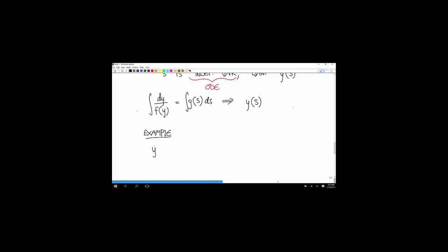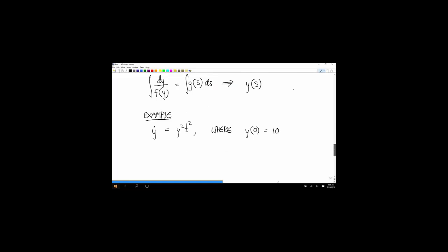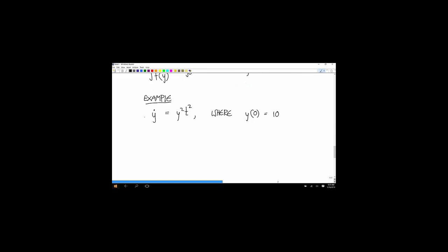So first, let's say y dot is equal to y squared times t squared, where y of 0 is equal to 10. Has anyone seen that dot notation before?